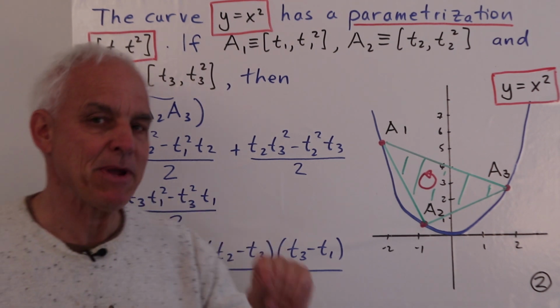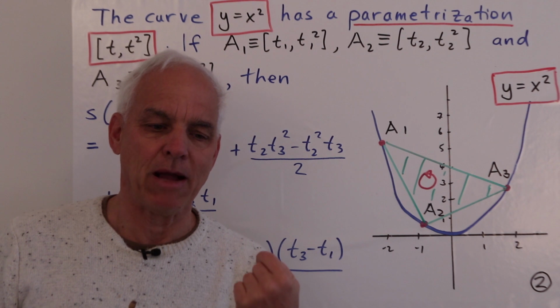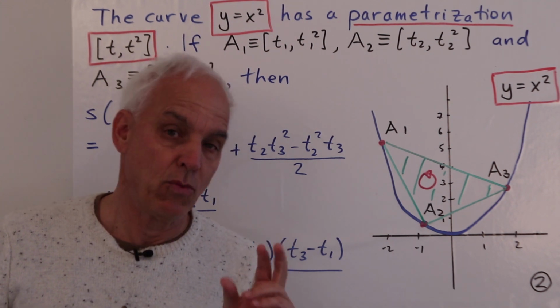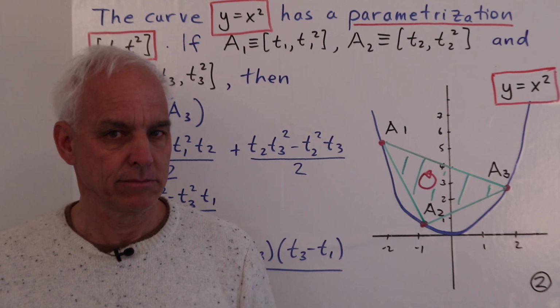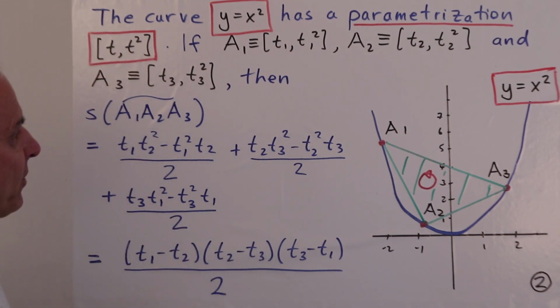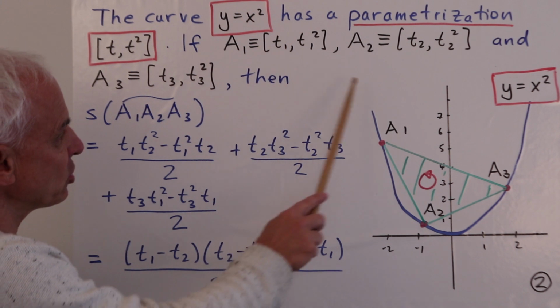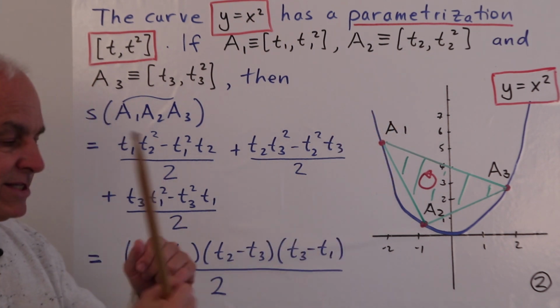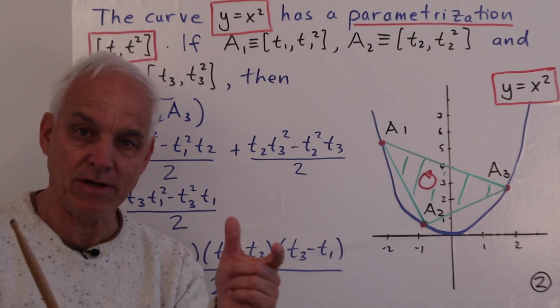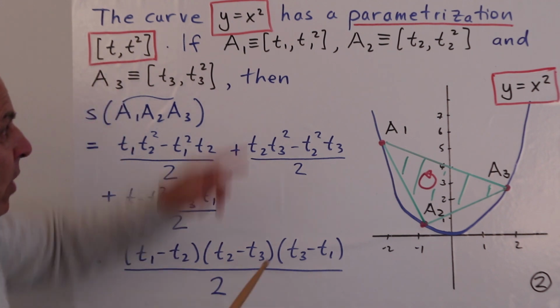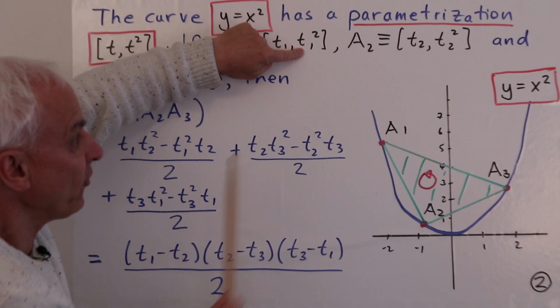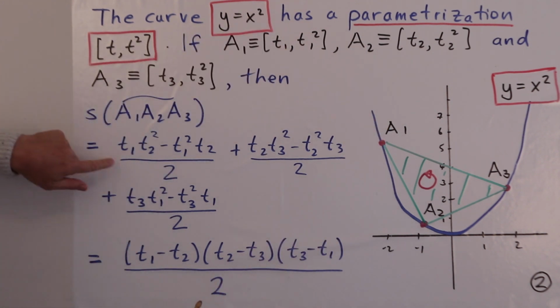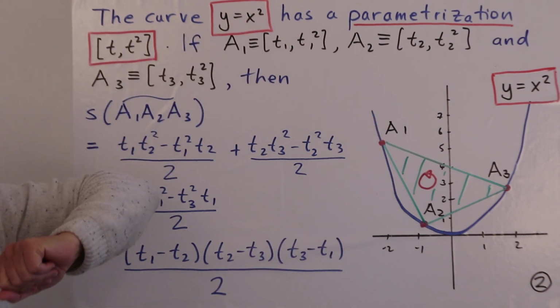So now we're going to make the same kind of computation we did in the previous example, but now instead of having numbers, we have these variables, T1, T2, T3. So T1 squared and T2 squared, what's the signed area of the segment that they form? Well, it's T1 times T2 squared minus T1 squared times T2 all over 2.